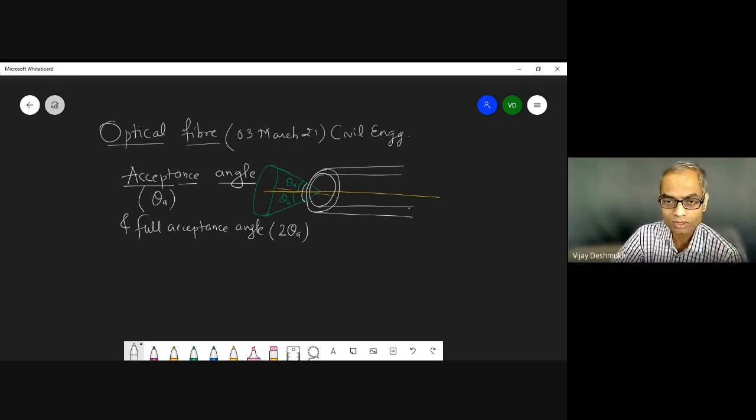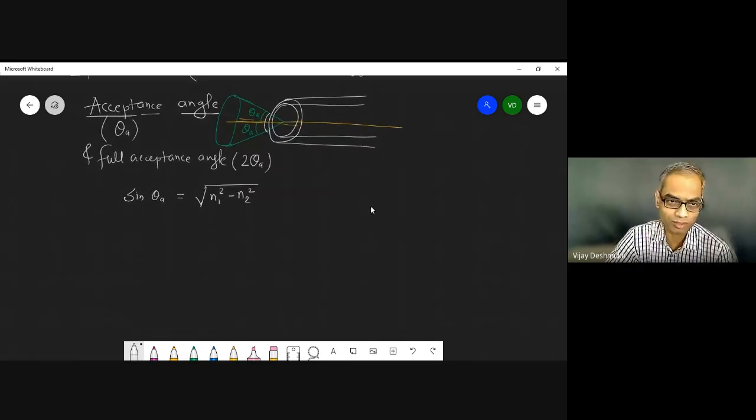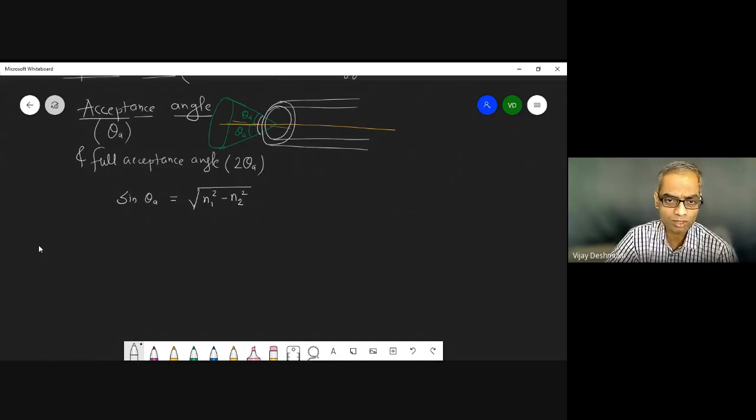Okay. So now we know that sine theta A is given by the square root of n1 square minus n2 square. This formula is very simple, very easy to remember, and obviously easy to forget. Normally people get confused.